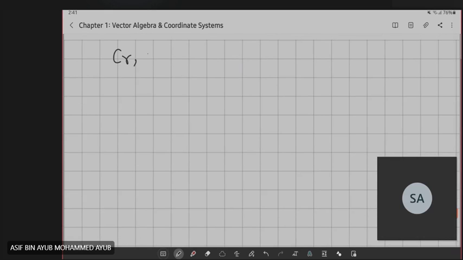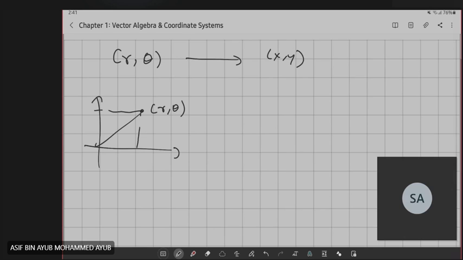Now, how do you move from xy to r theta? So now I know this point is x, y, and I want to know what r and theta are. Now you use Pythagoras theorem, or again trigonometry, however you like it. It's x squared plus y squared equals r squared.